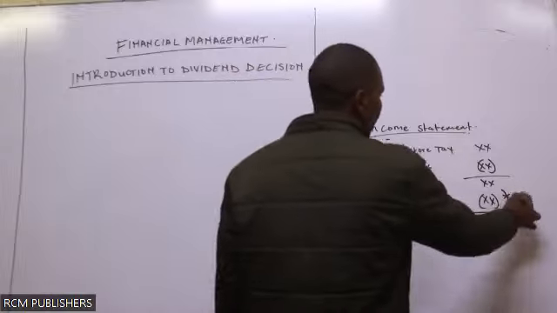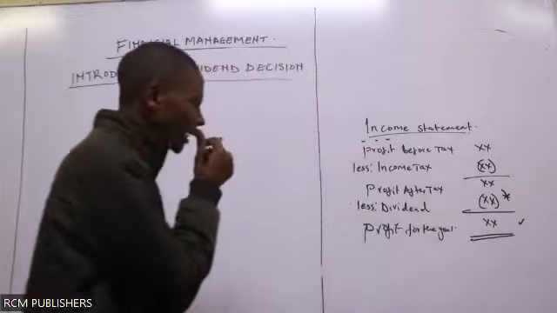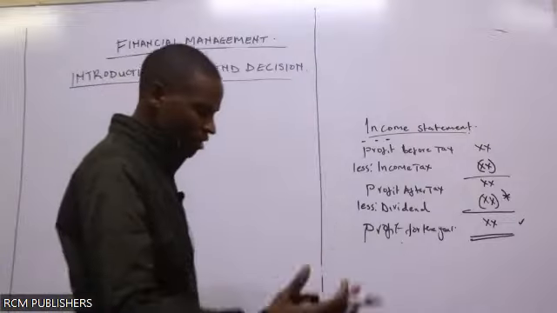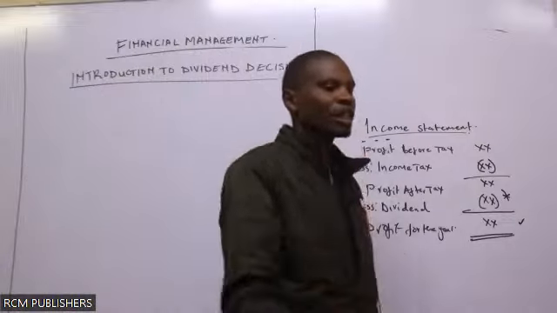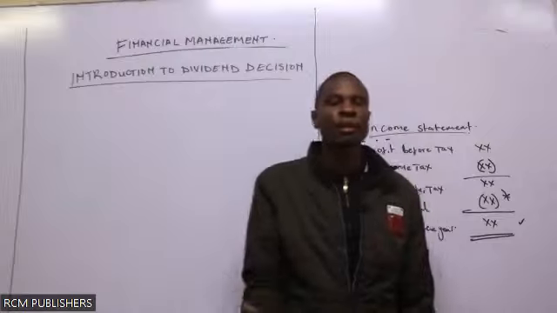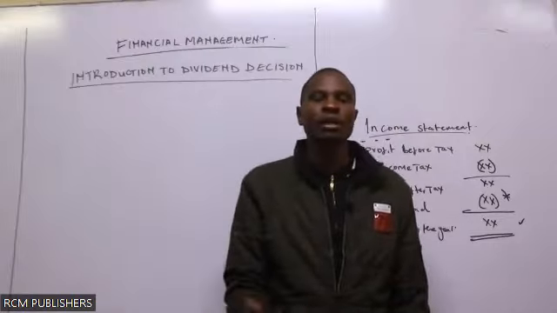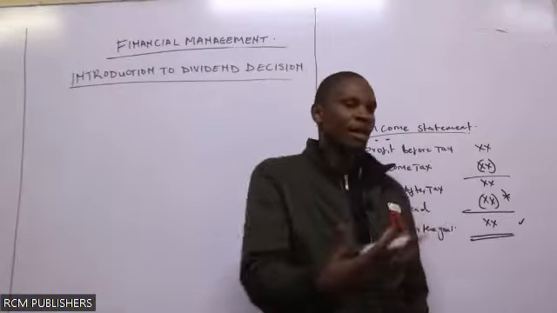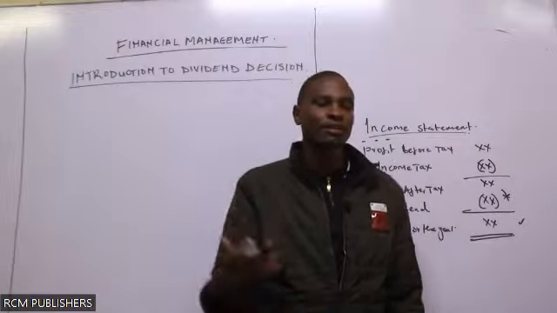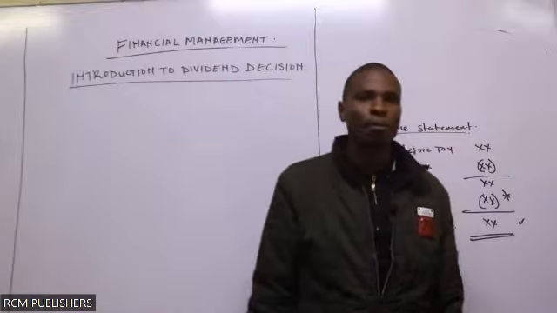So dividend is an expense to that organization. The dividend that you receive, yes, you are a shareholder in that company, but this dividend can be termed as an expense in that company.